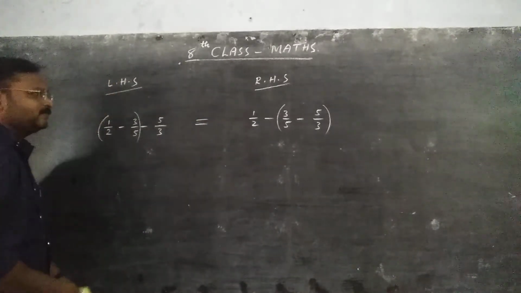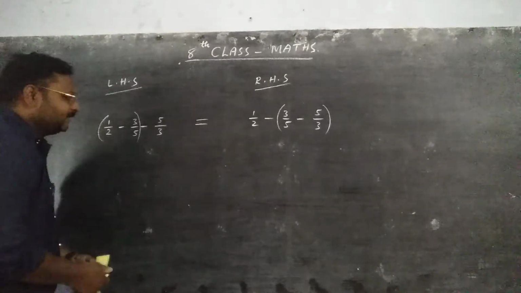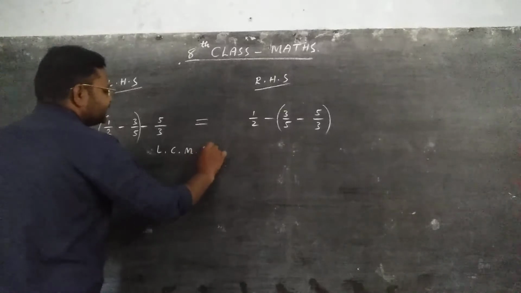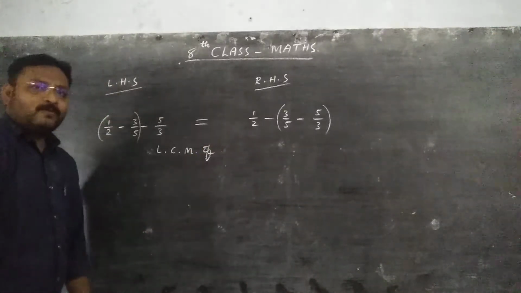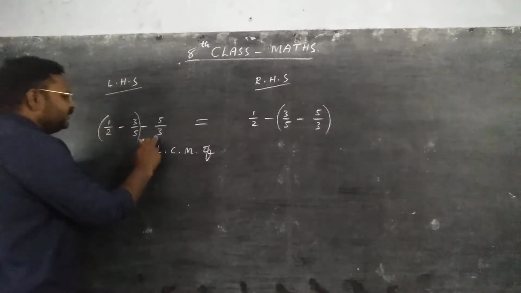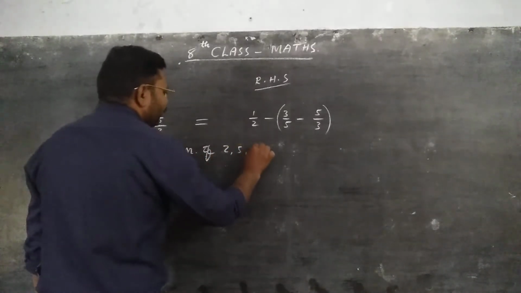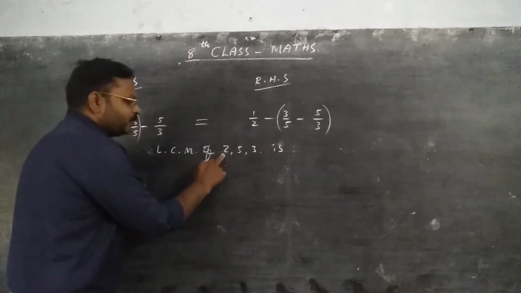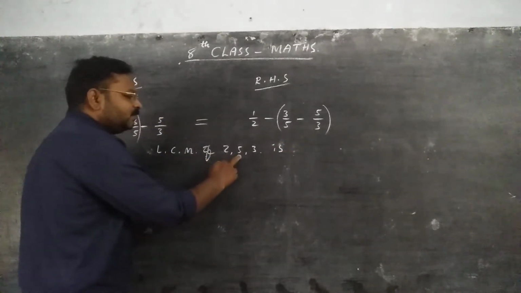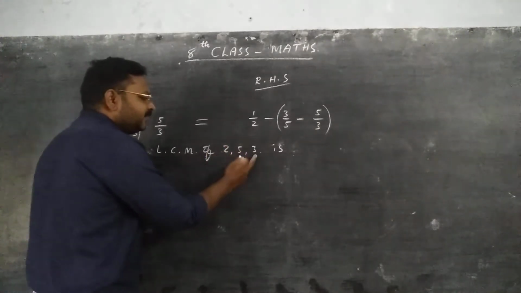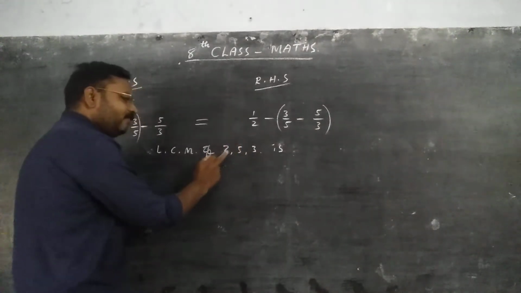So now the process begins. Here we have to take the LCM. The most important point is the LCM. What is the LCM of the denominators 2, 5, 3? 2 is not a factor of 5 or 3, 5 is not a factor of 2 or 3, and 3 is not a factor of 5 or 2.